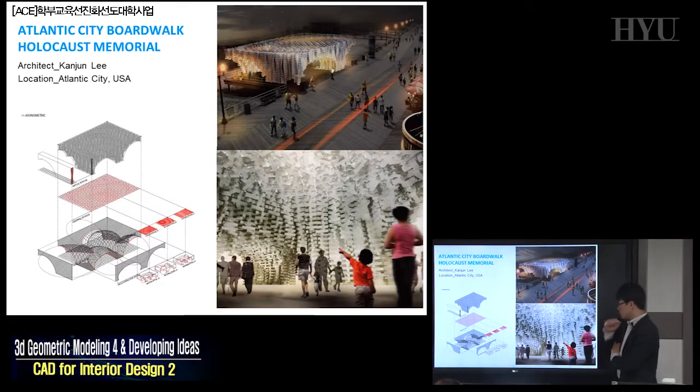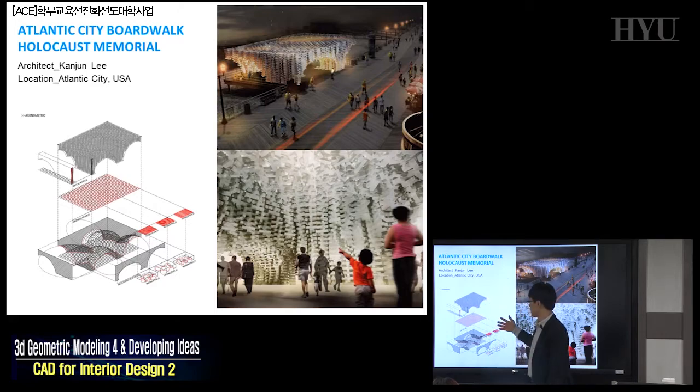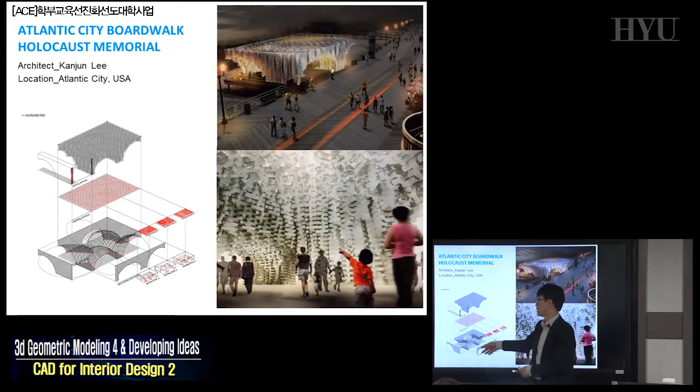But actually, in this infographic, they put the title axonometric, but actually this is a true axonometric, but it's kind of unfolded, a deconstructed structure. So now we can easily figure out how this shape could be derived.